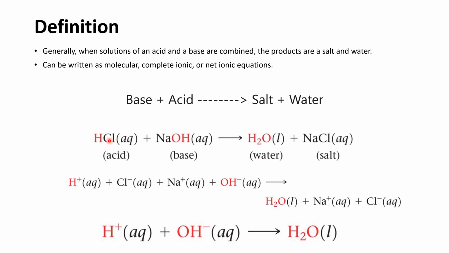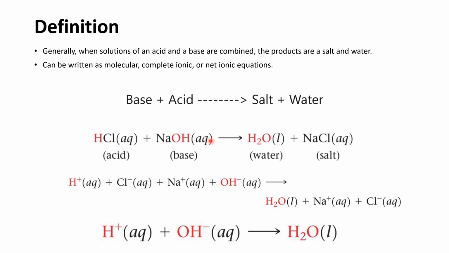So right now this is a 1:1 reaction. 1 mole of HCl reacts with 1 mole of sodium hydroxide to give 1 mole of water and 1 mole of sodium chloride, right? We will talk in more detail about moles. A mole is basically the way to express how many grams of the molecular weight of a compound is participating in a reaction, right?